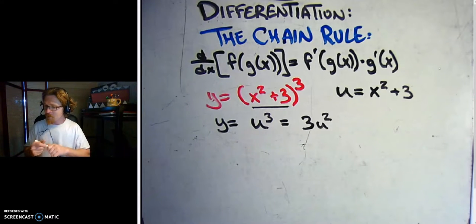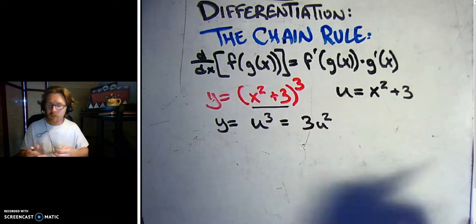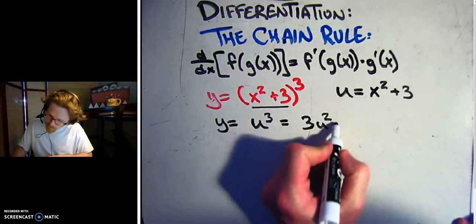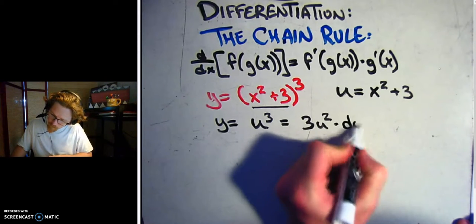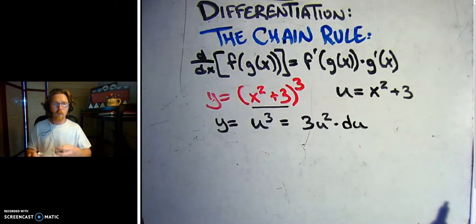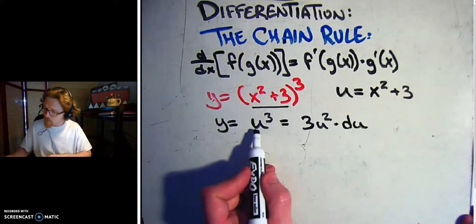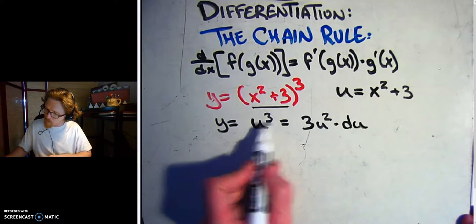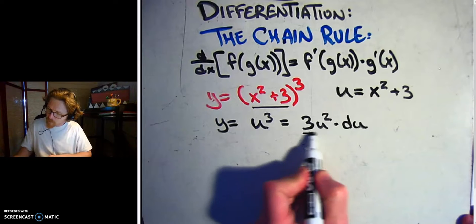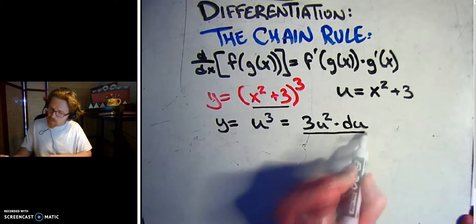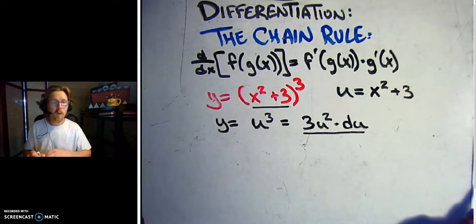Well, we need to think about the derivative of u, and when you take the derivative of u, you end up with this du as well. So the derivative of u cubed, we would say, is 3u squared du, where du is the derivative of u.